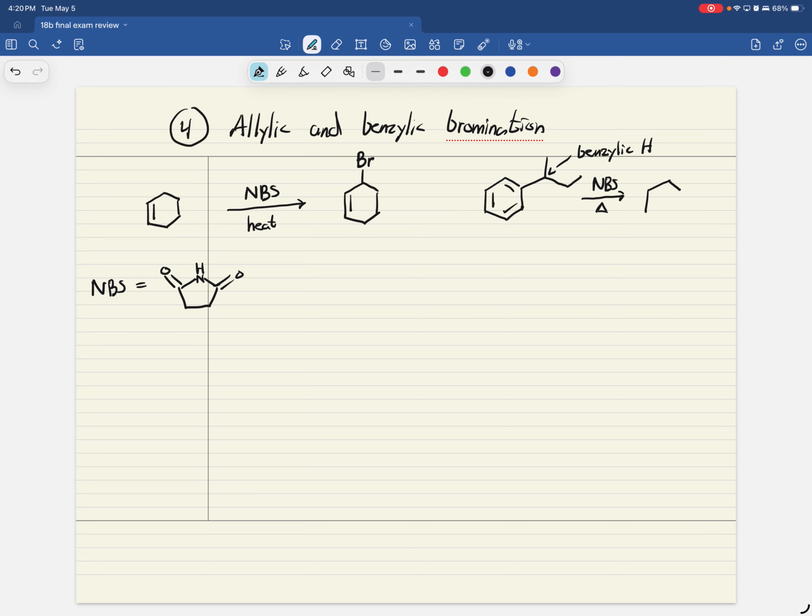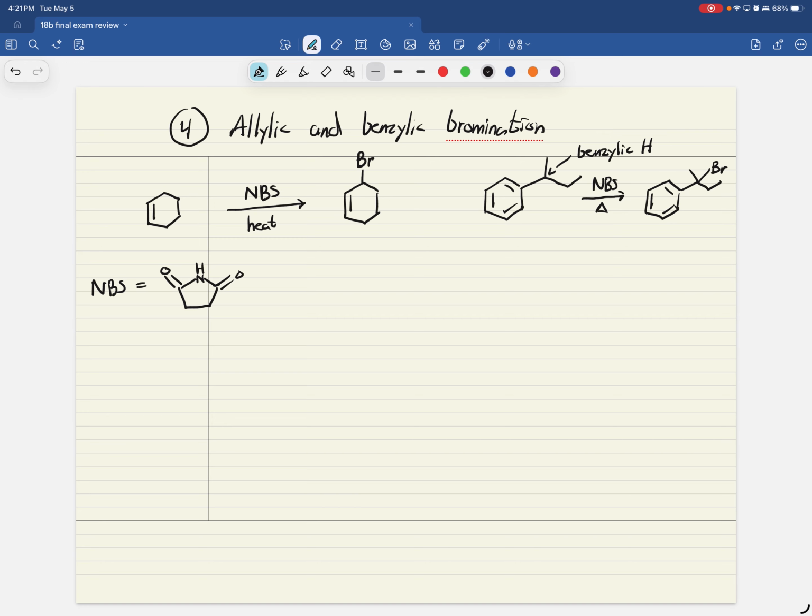Bromine, yeah. So that's the bromine position. Good. So that's the last step. The reason why this works is because we have a conjugated pi system, and the radical that would form at the allylic position can be resonance stabilized. So that's why it's the most favorable.